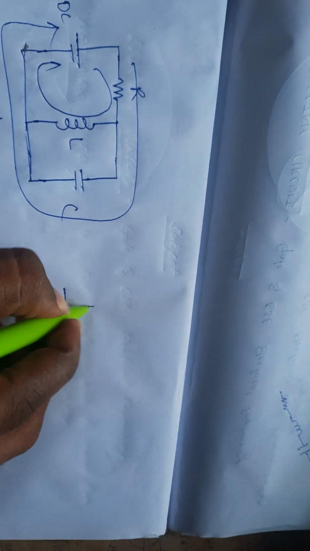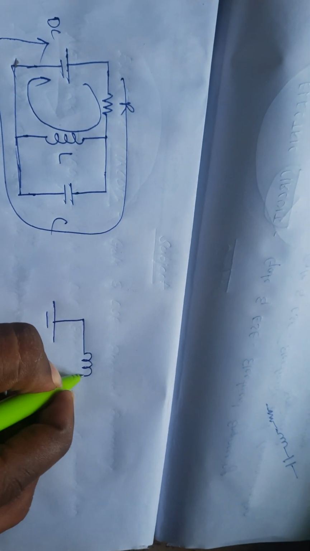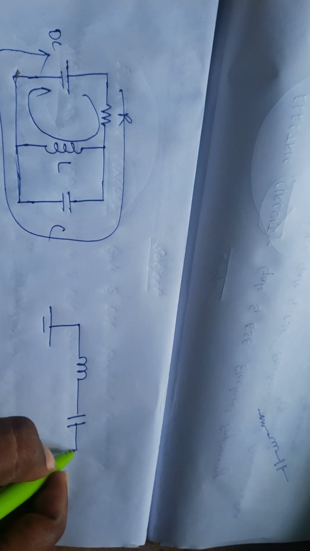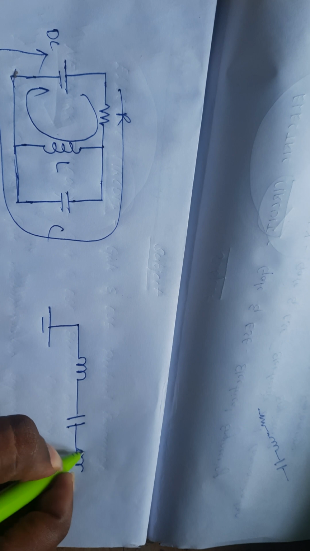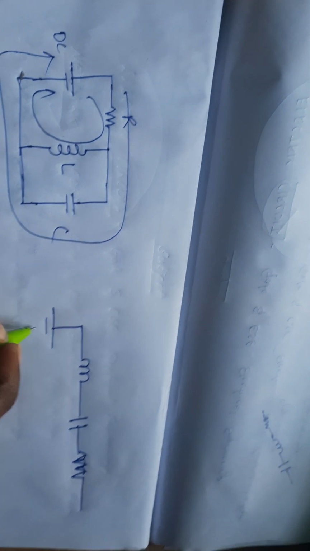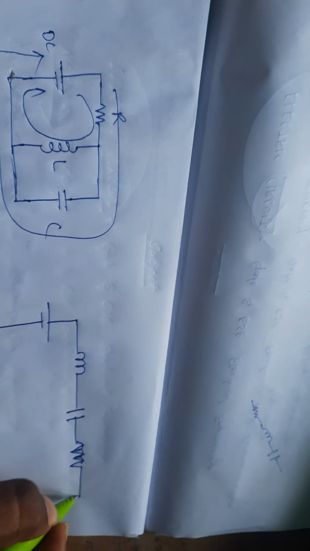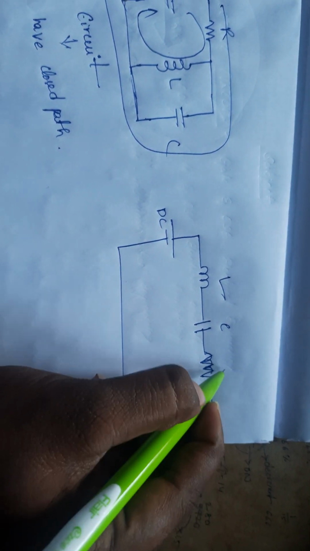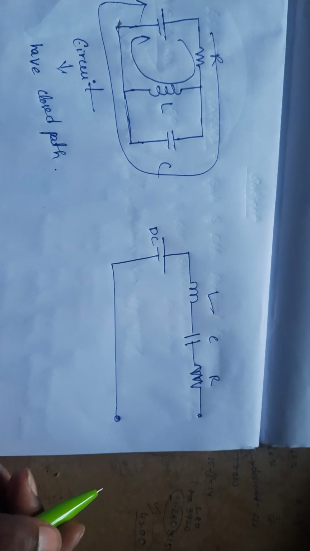Okay, let's see. DC. This is an inductor, capacitor, and resistor.